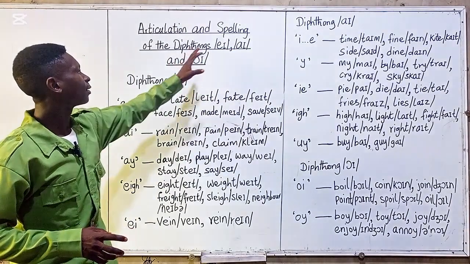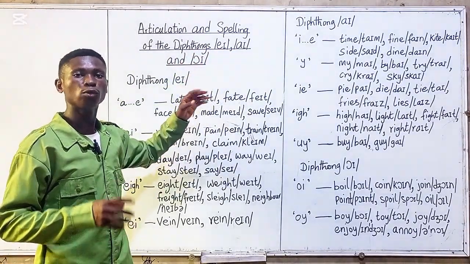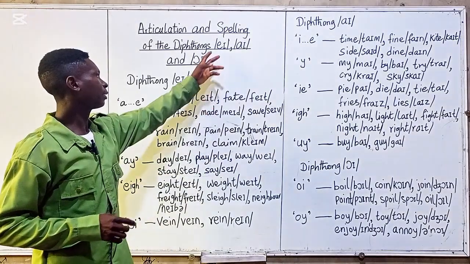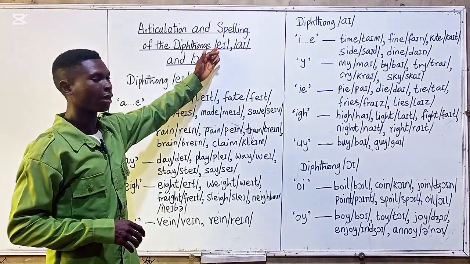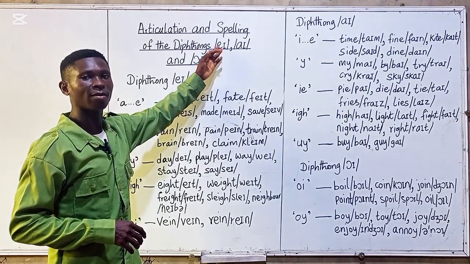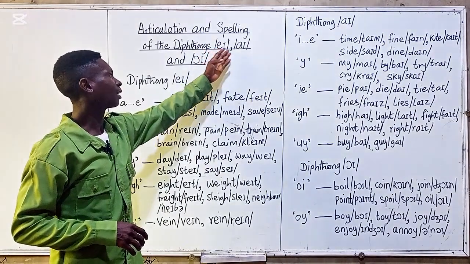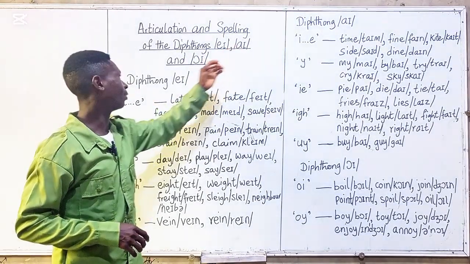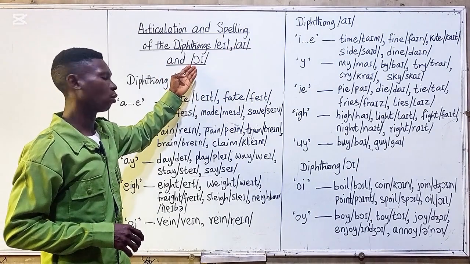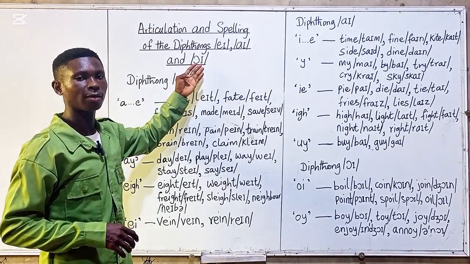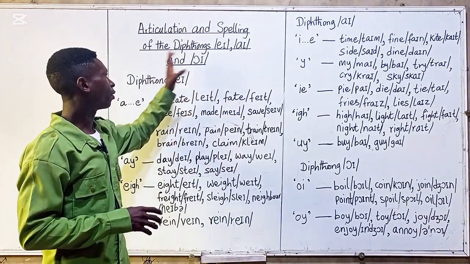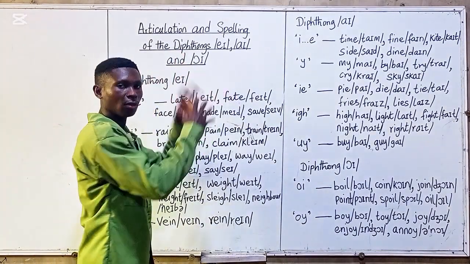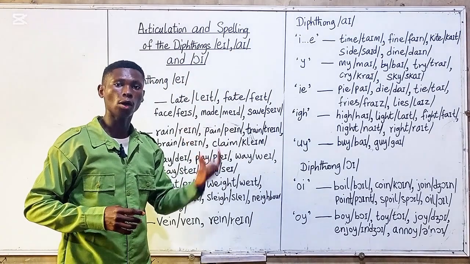These are sounds made up of 2 short sounds. For instance, a combination of A and E makes the A sound, a combination of R and E makes the I sound, and a combination of O and E makes the Oi sound. So these are 2 short sounds combined to form one long sound.